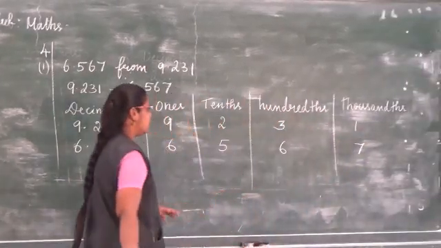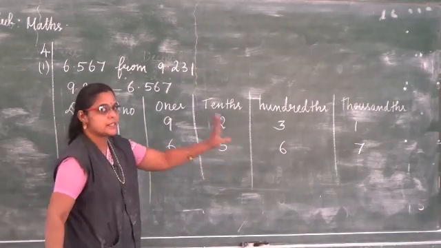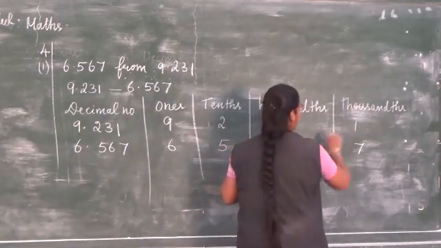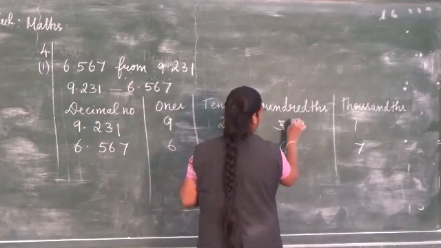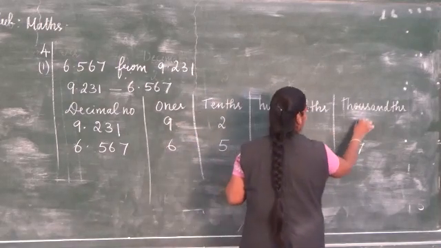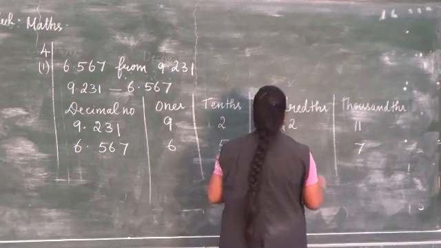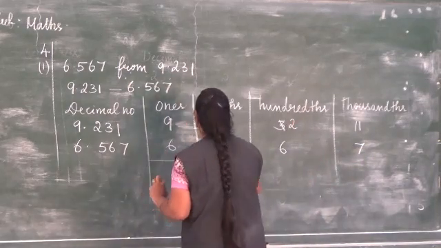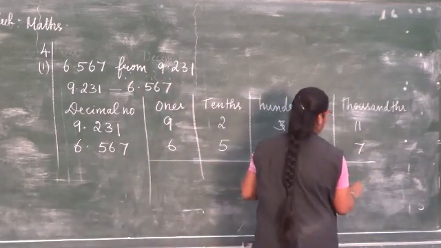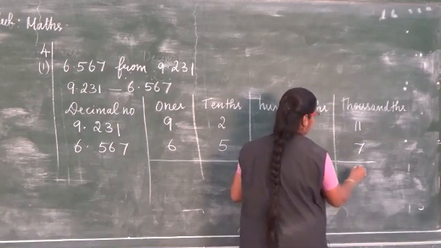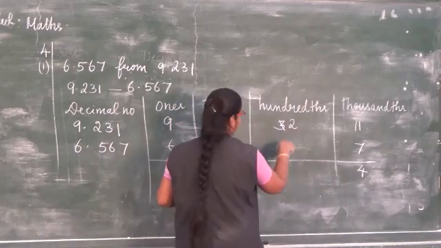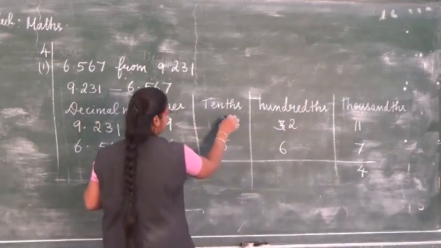So now you know how to do the subtraction. So here 1 it is there. You are going to borrow here. So if you borrow, it will become 2, it will become 11. So 11 minus 7, after 7: 8, 9, 10, 11, 4. So here 2, in 2 you can't subtract.